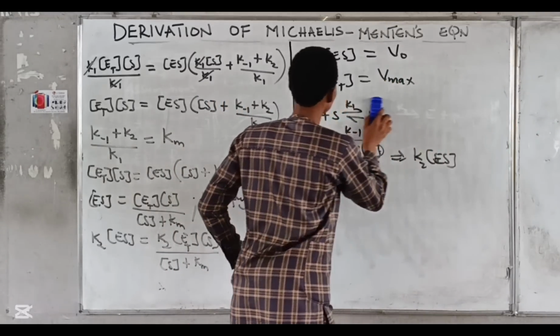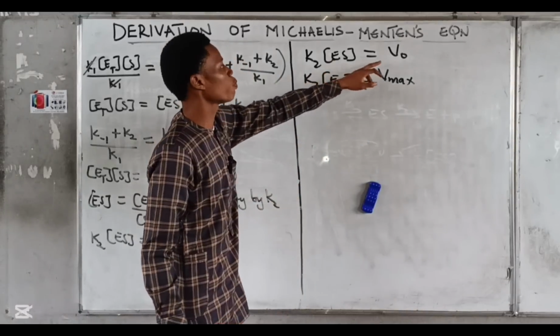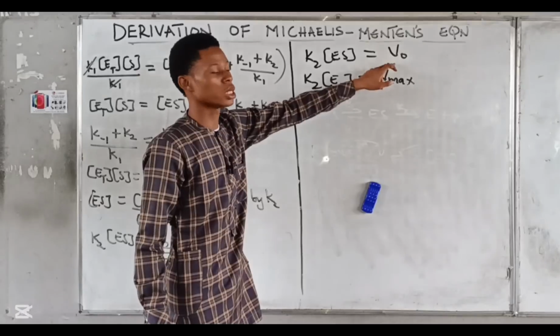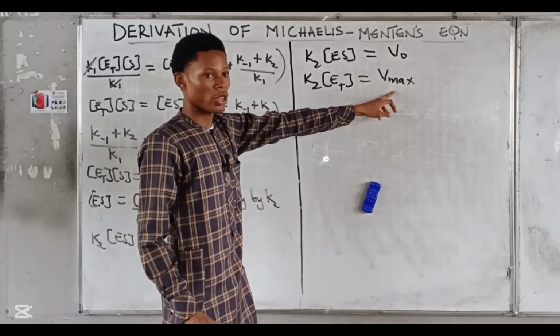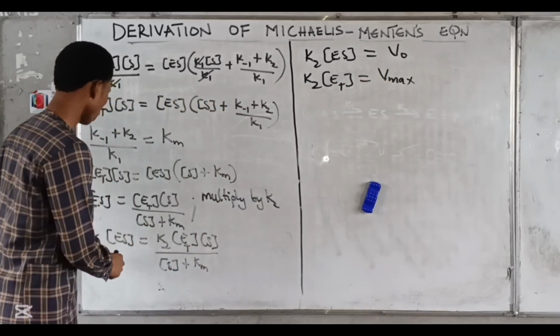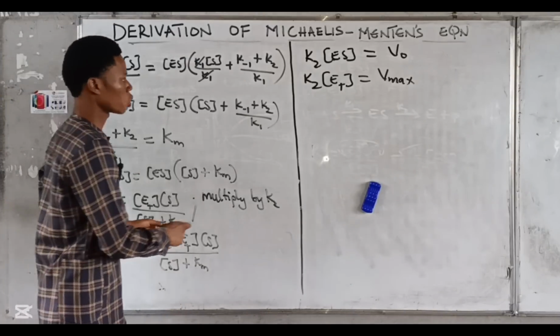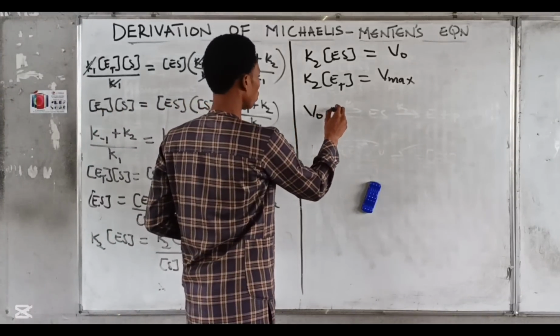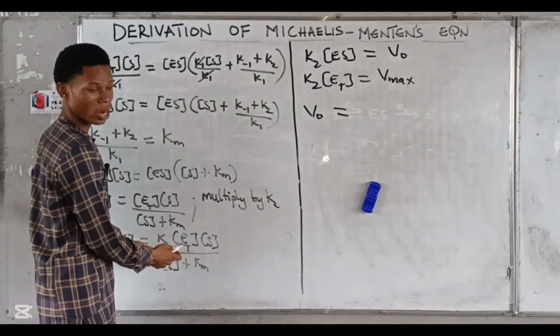So basically, anywhere you see K2 ES, you put V0, initial velocity. Anywhere you see K2 ET, you put Vmax. So from this equation, K2 ES, I will not be writing this again, but I'll write V0. So V0 is equal to K2 ET, this is now Vmax, right?